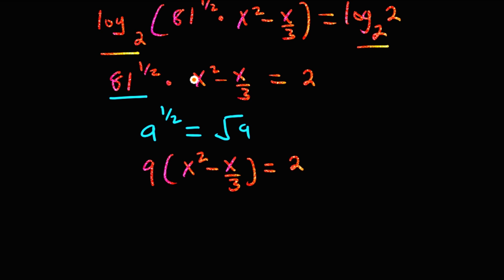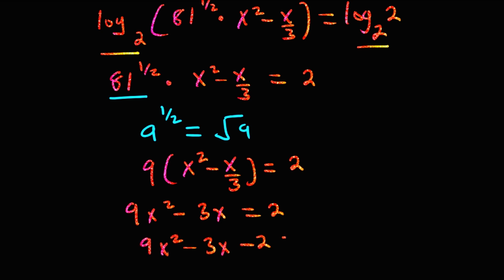When you open up these brackets, we have 9x squared minus 3x equals 2. We can bring the 2 to the left so that we have 9x squared minus 3x minus 2 equals 0.